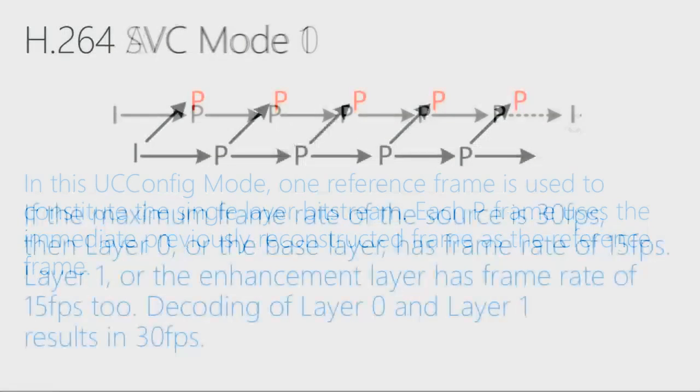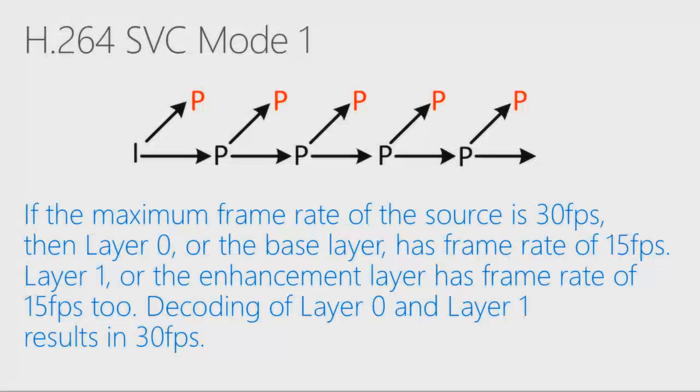And we also support something called SVC mode 1, right? This one will do a multi-layer hierarchy to encode the different frames. Suppose you're asking for 30 frames per second, okay? So instead of putting everything at 30 frames per second in the P frames, right? We put in multiple layers. The layer 0, we encode at 15 frames per second, right?